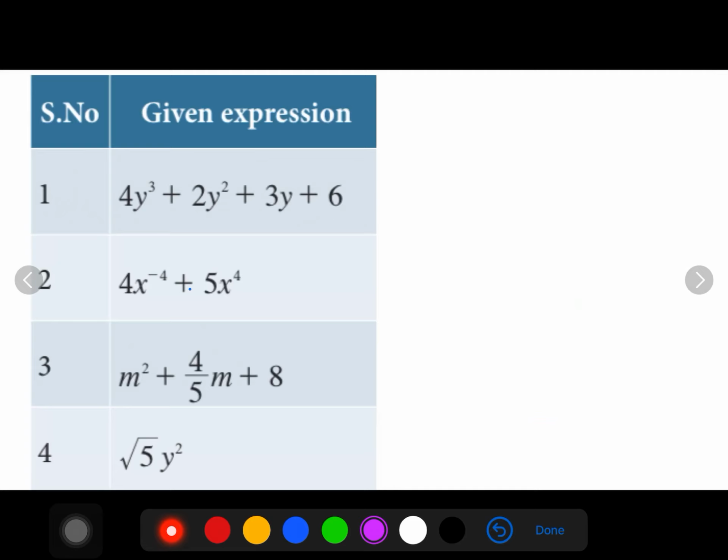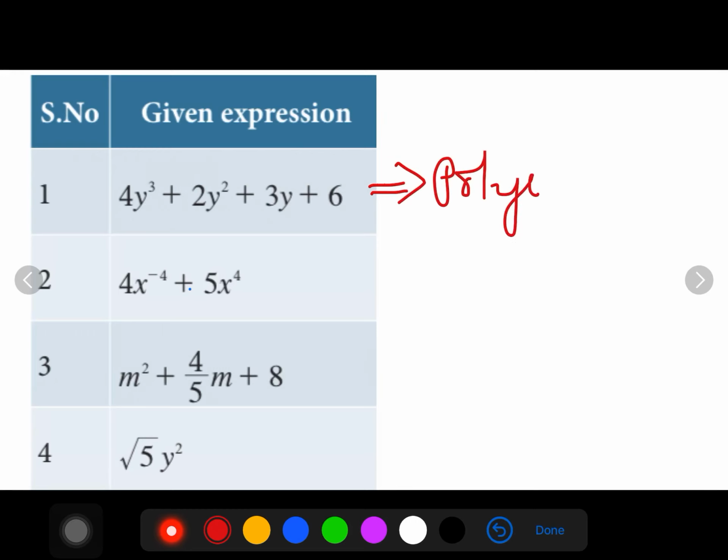Now you need to identify whether a given expression is a polynomial or not. There are basic criteria to identify this. We will see them one by one in detail. Let's see the first example: 4y cube plus 3y plus 6. If you look at this expression, it is a polynomial.